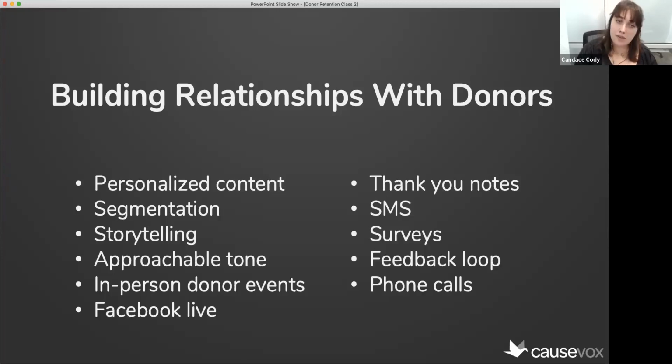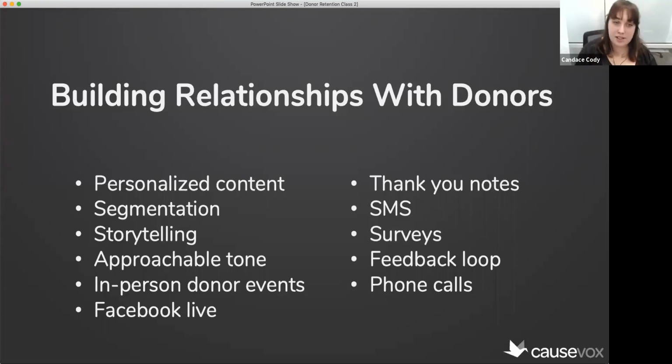A lot of this has to do with also storytelling and making the donor the hero of the story and showcasing them as the person that's driving impact, instead of having it just be focused on all the impact that your organization is making, but making that really flipped around and focused on how the donor is making an impact and telling stories from that approach.